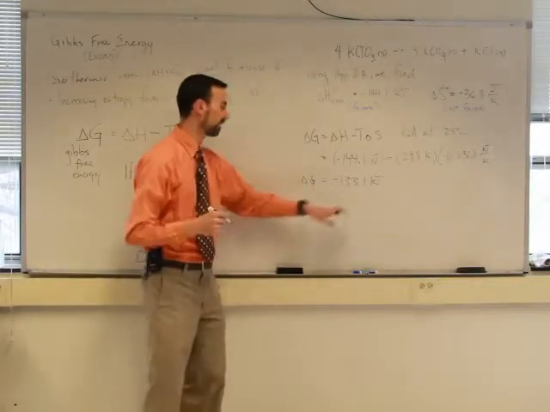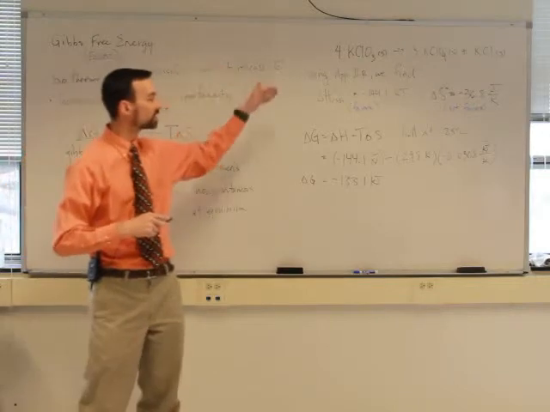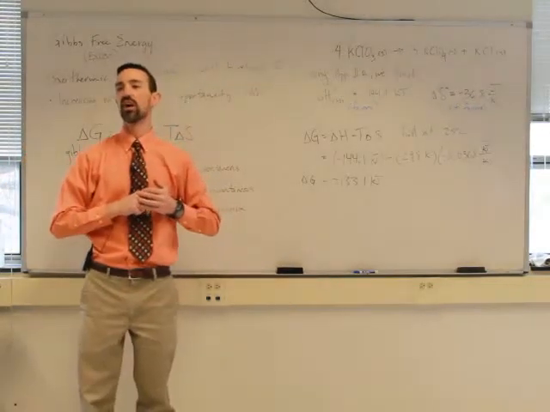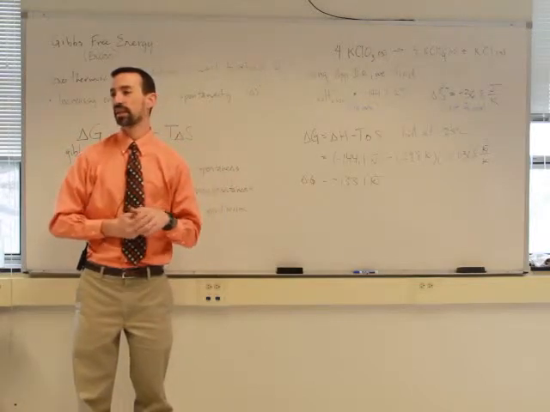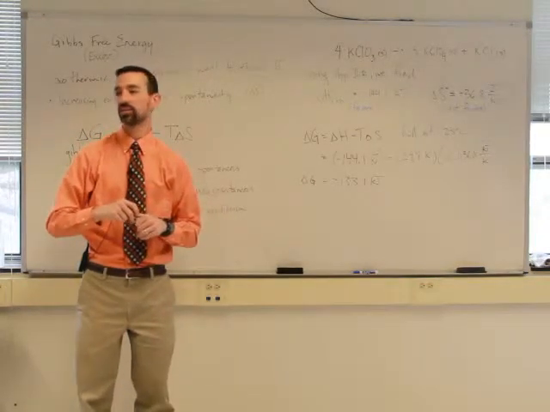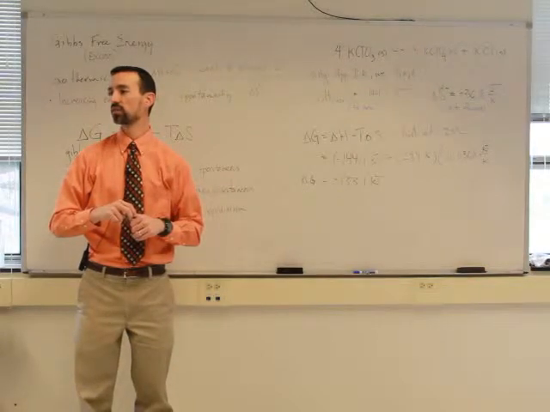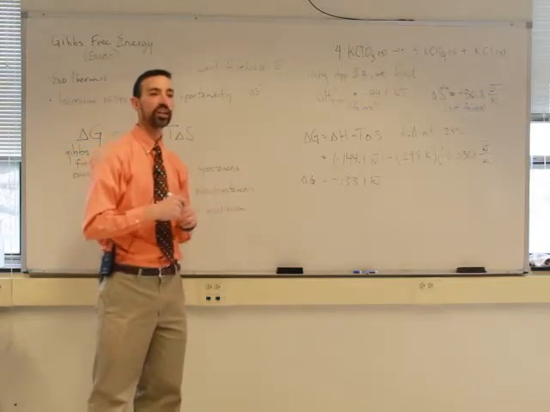This is a lot of leftover energy, right? We had 144,000 joules that we wanted to give off, and we had to pay 11,000 joules in tax. We still have 133,000 of those joules left over. So it's considerably high, the amount of free energy.